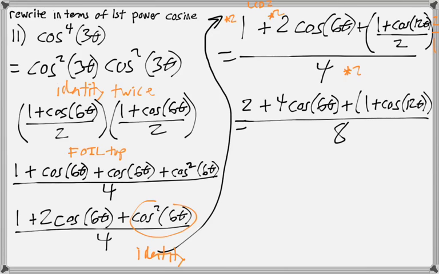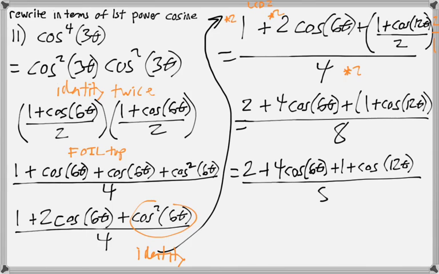Okay, so I'm going to get rid of that parentheses now. So this is equal to 2 plus 4 cosine of 6 theta plus 1 plus cosine of 12 theta all over 8. And then the 1 and the 2 can be combined.